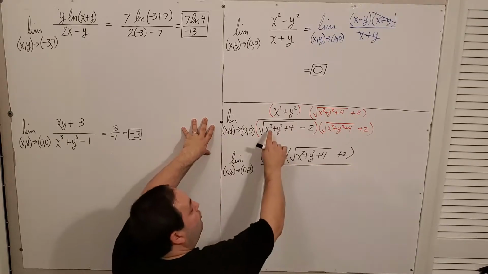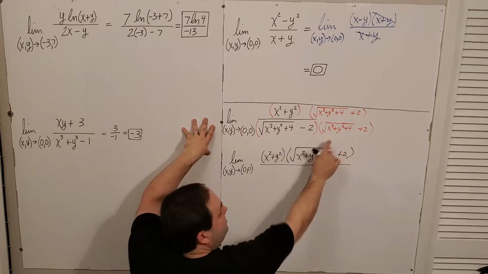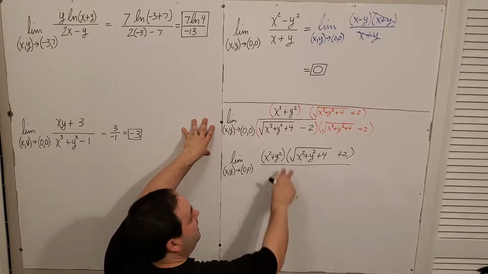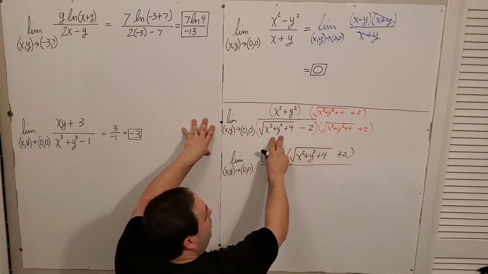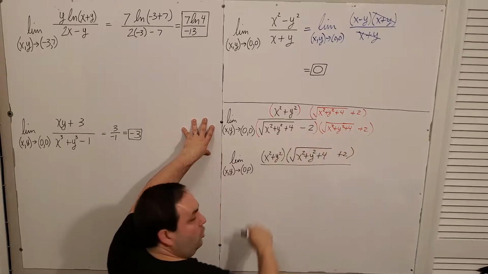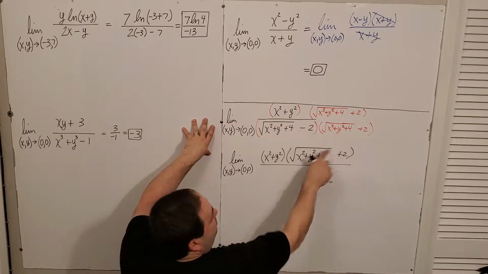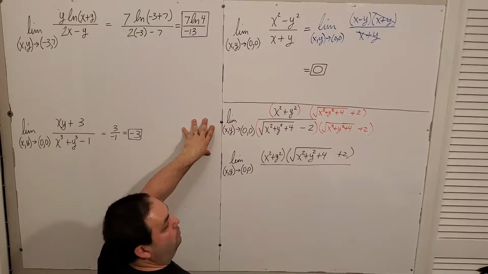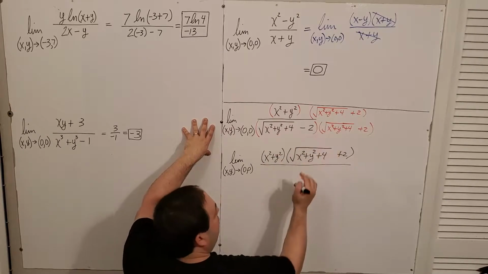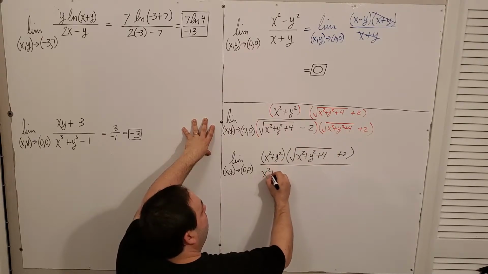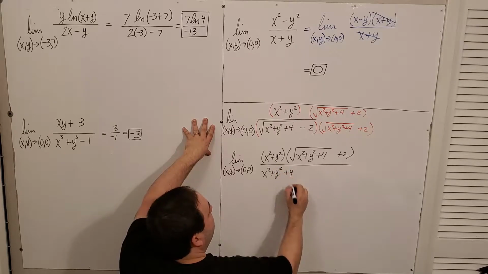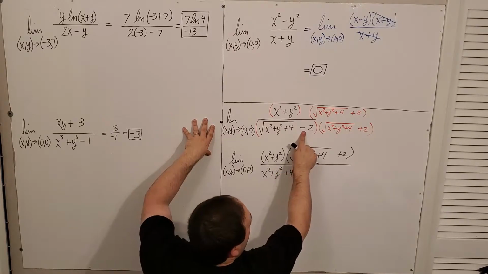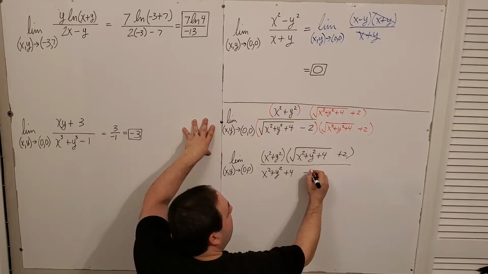Now, remember, when you multiply something times its own conjugate, all you get is the first term squared minus the last term squared, because the cross terms are going to add out to 0. So the first term squared is just x squared plus y squared plus 4. And then the last term squared, negative 2 times 2, is minus 4.